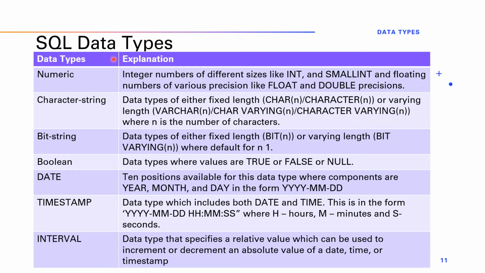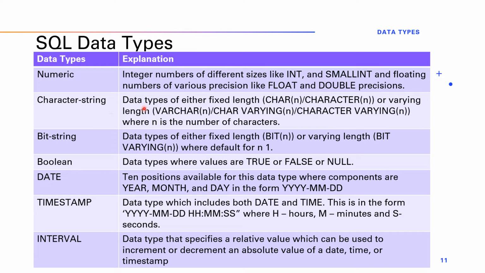Here are some SQL data types on which you will be working. We got numeric data types, which are integer numbers of different sizes, like int for regular integer numbers, and smallint for small integer numbers, and floating numbers of various precisions like float and double precision.